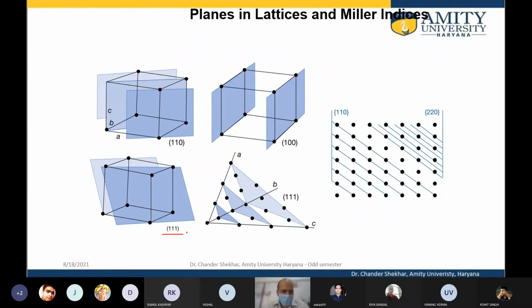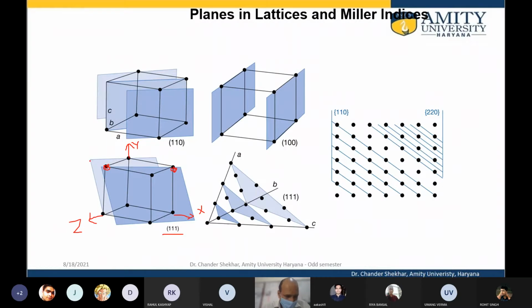For example, the 111 plane. Say this is the y-axis, this is the x-axis, and this is the z-axis. So the 111 plane intersects x, y, and z. For example, this is the plane.